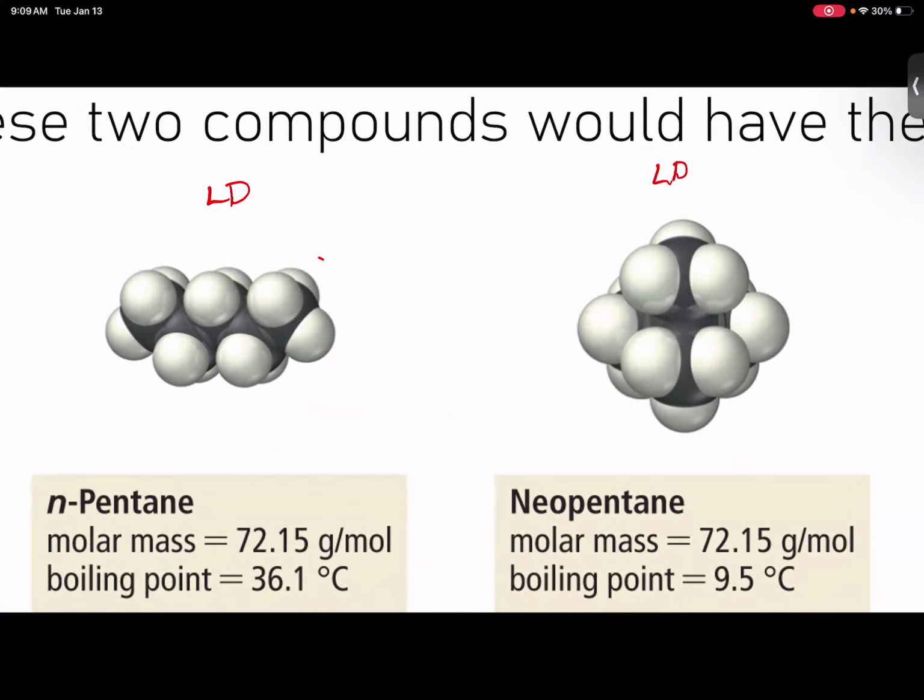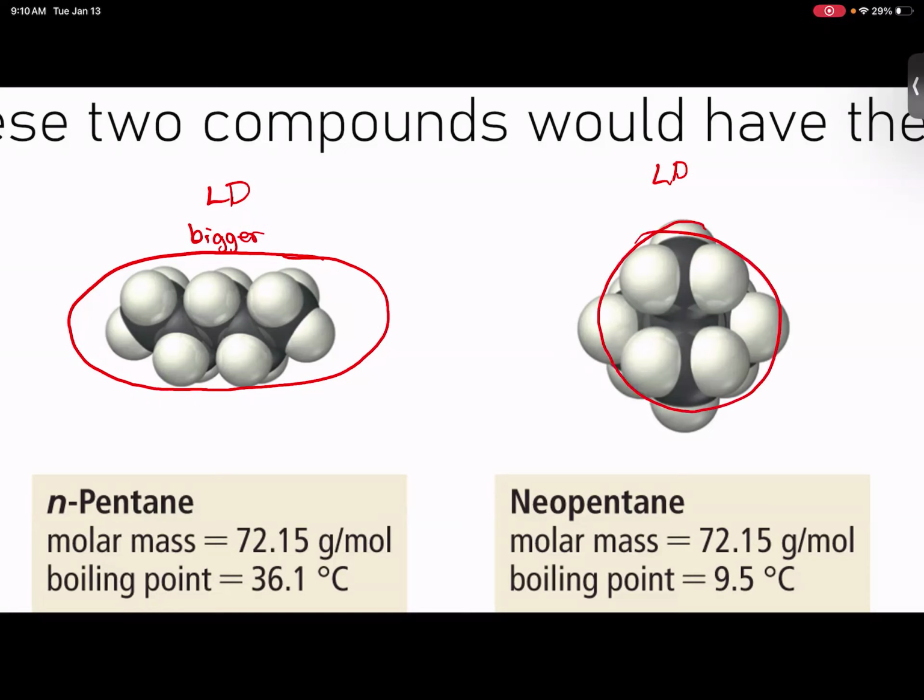But when we look at the structure, N-pentane is a bigger molecule than neopentane. There are more locations for London dispersion forces to occur in N-pentane than there are in neopentane.